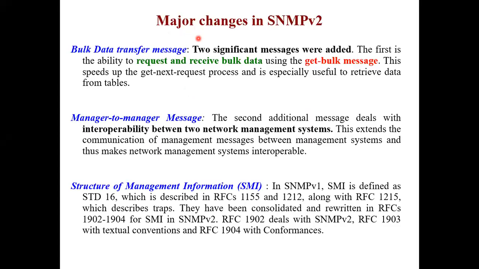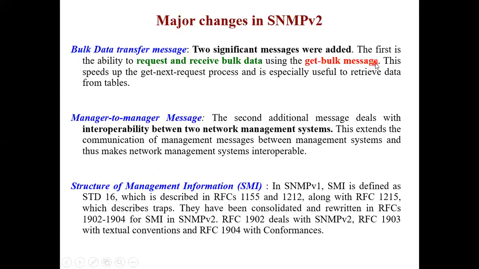Now, what were the major changes? That's why it is highlighted, major changes in SNMP version 2. So if possible, write somewhere, or if you are making a notebook, the ones which are written in blue. So the major change was bulk data transfer. So 2 significant messages were added. The first one was the ability to request as well as receive bulk data using the get bulk message.